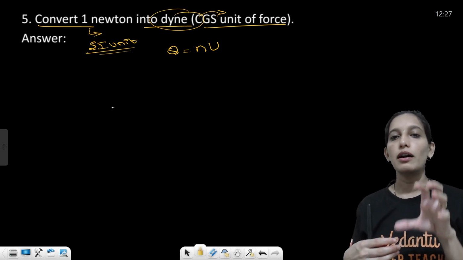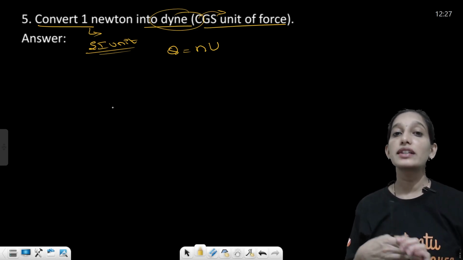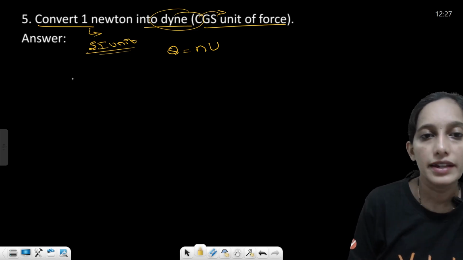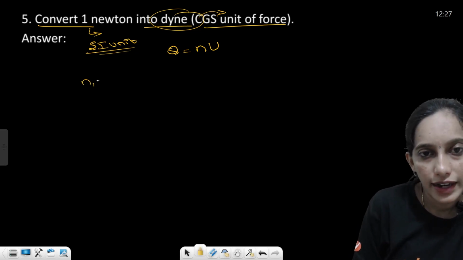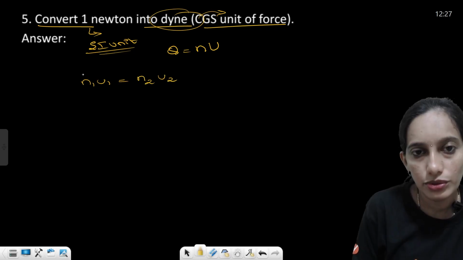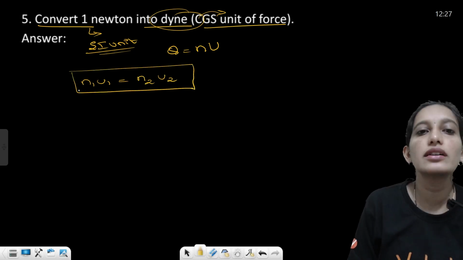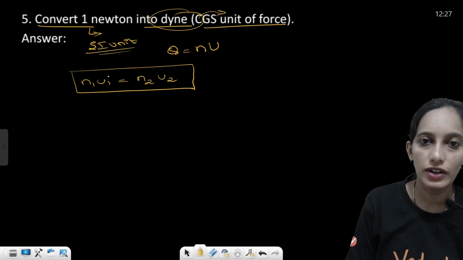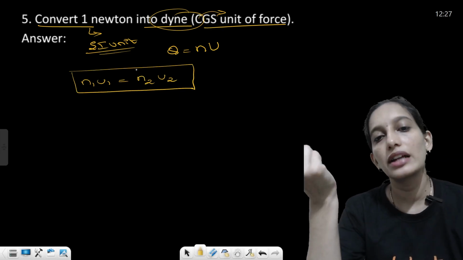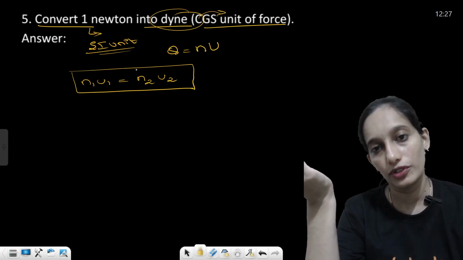The quantity of that substance will remain the same. So we can write that as n1 u1 is equals to n2 u2. Okay, where n1 is the value in system 1 and n2 is the numerical value in the second system of unit.